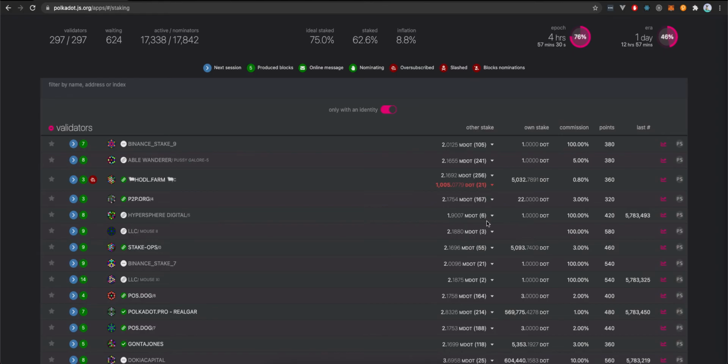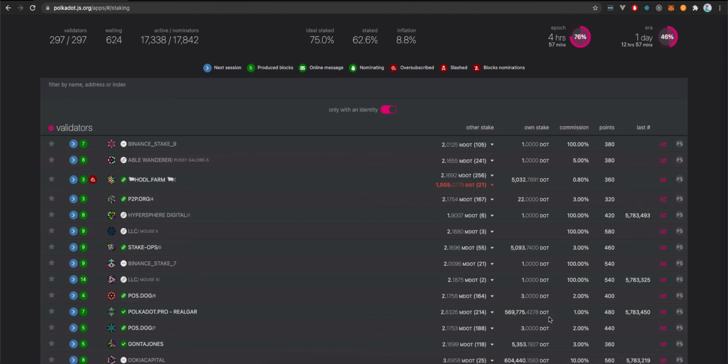But if you look, let's say, at this Polkadot Pro regular, we can see that the own stake of this particular validator is 569,000 DOT. And for me, it gives much more reassurance because there is something for this validator to lose. That's a huge amount. And 2.8 million DOT has been invested by other nominators.